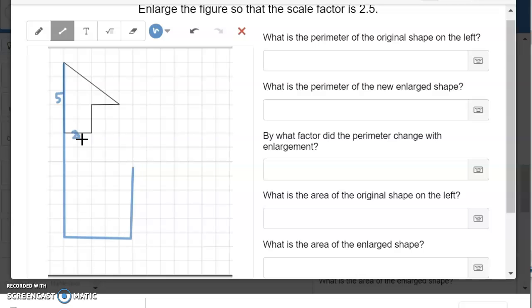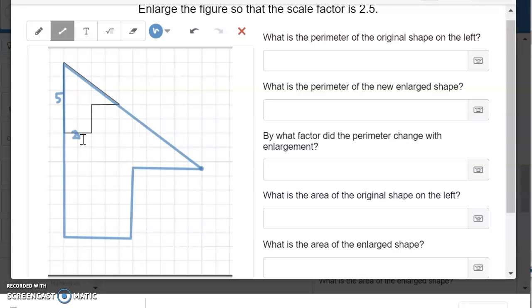And then I need to go across by 2. 2 times 2.5 is going to be 5. So I need to go here. And then from here, I need to go all the way back to my original. That should be my enlargement by the factor of 2.5.